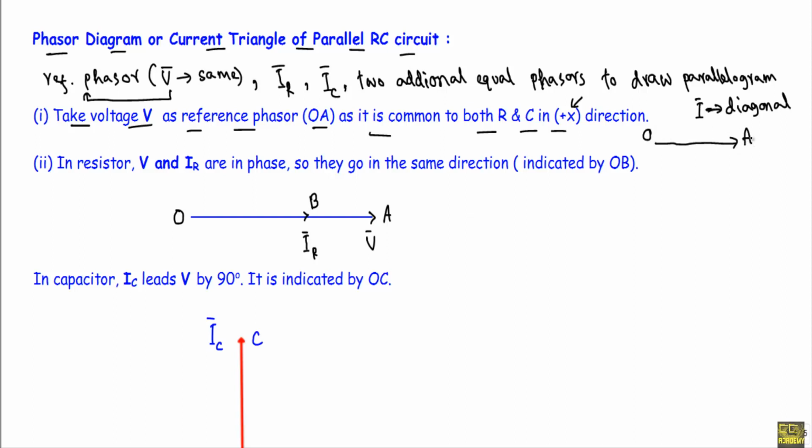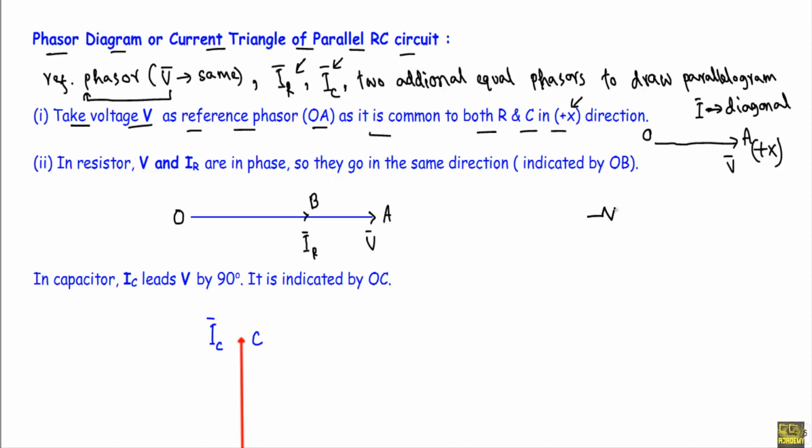So let's say this is our voltage phasor V. After drawing the reference phasor, we will draw IR and IC phasors with respect to the reference phasor.